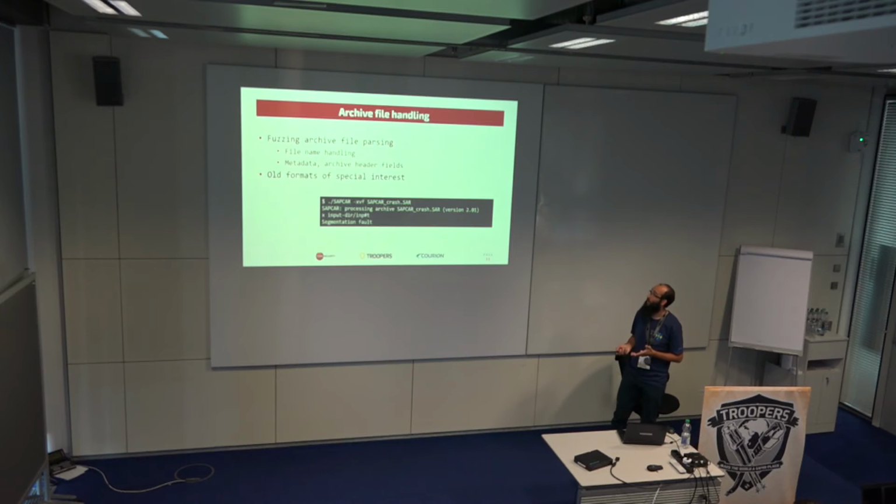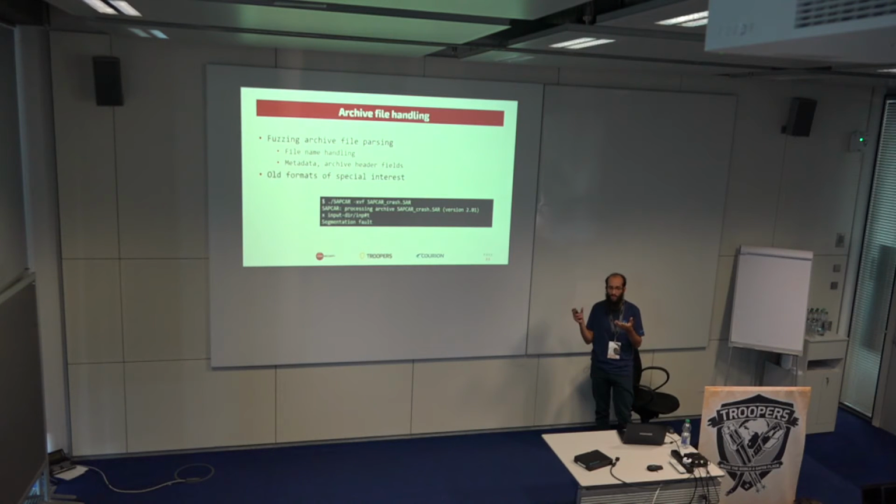So regarding the archive file handling, as I said, there are some special fields that are really interesting. Mostly the way that they handle the file name, which is interesting because it's a variable size string.